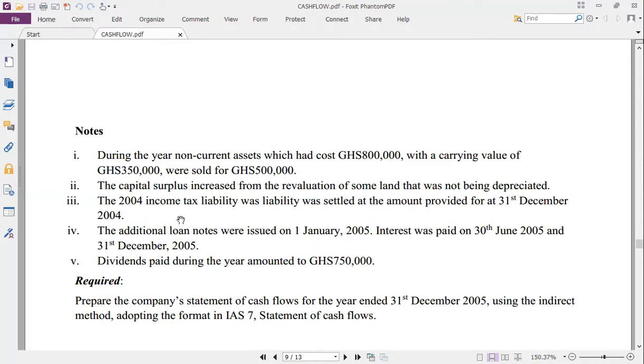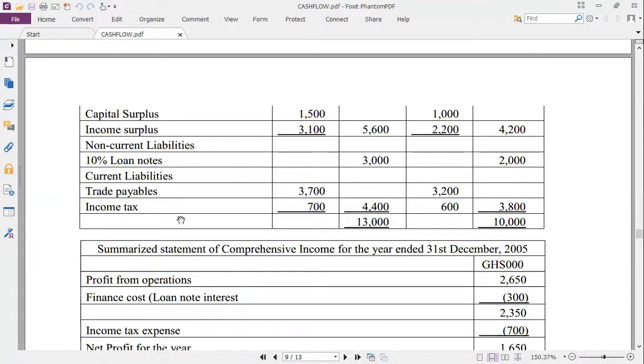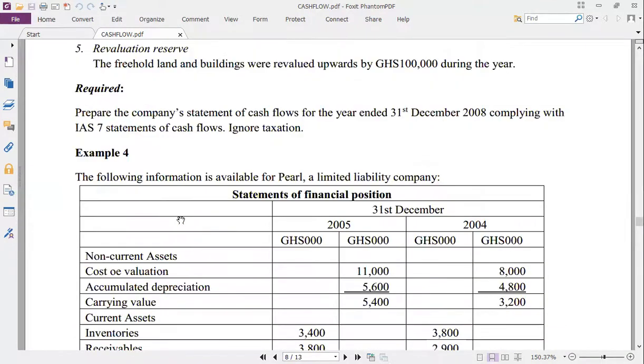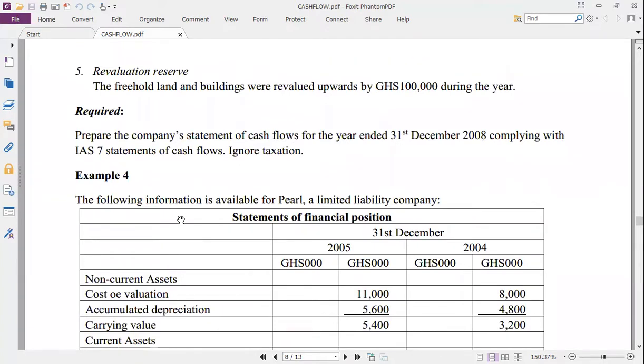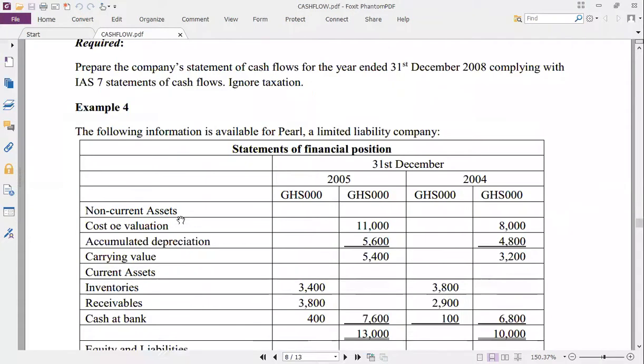Then note 2, capital surplus increase from the revaluation of some land that was not being depreciated. So they're just telling you that the increase in the capital surplus is a result of the revaluation. So you reflect it in the PPE calculation. Good. Were they expecting the land to be depreciated?